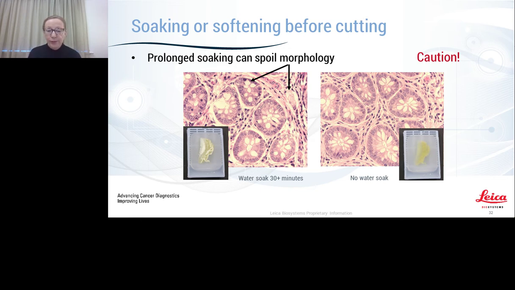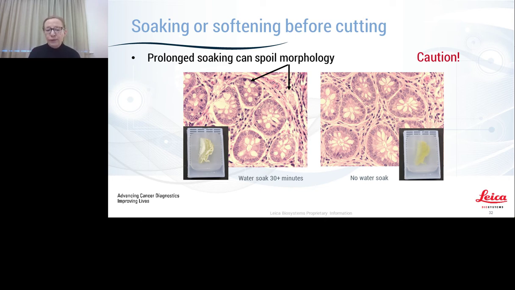Here's an example, one that we created ourselves. This is exactly the same block. The one on the left-hand side has been soaked in water for over 30 minutes. The one on the right didn't have a water soak, just placed onto a cold plate and cooled down. You can see the effect of water seeping into a block, even though clearly the block was well processed, but it does cause some distortion to the morphology.